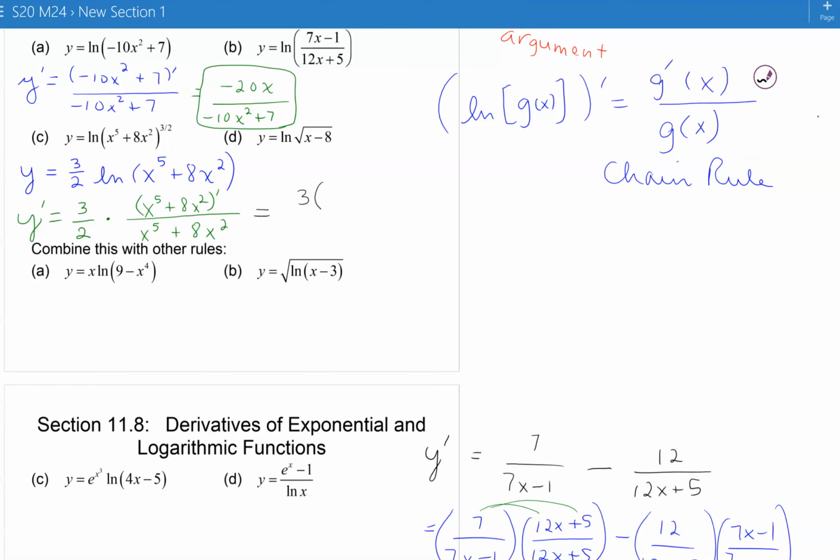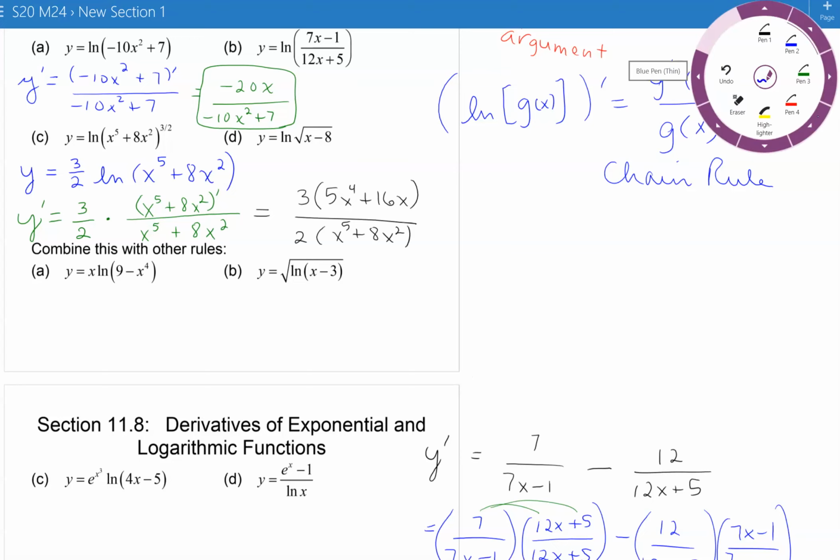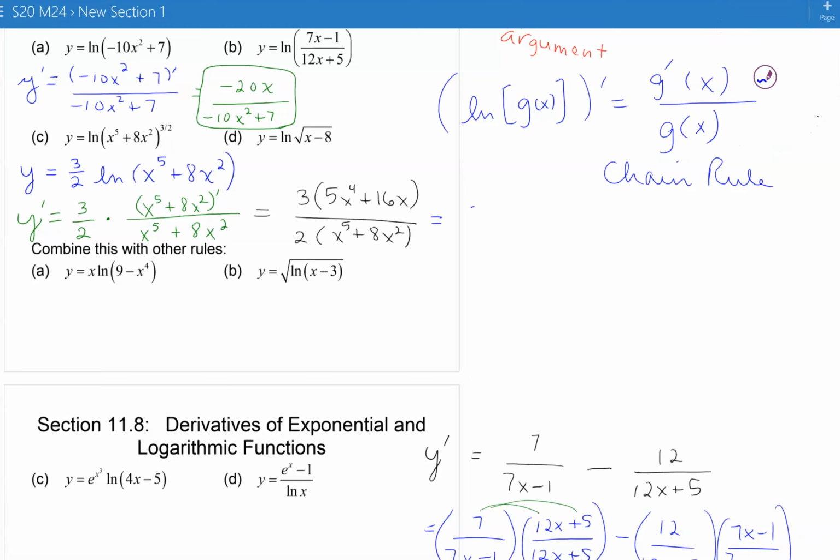So that's going to be 3 times 5x to the 4th plus 16x over 2 times x to the 5th plus 8x squared. And then I'm seeing factors of x in the numerator and the denominator. So I'm going to factor out x from the numerator and have 5x cubed plus 16 left. Then I'm going to factor out x squared from the denominator and have x cubed plus 8.